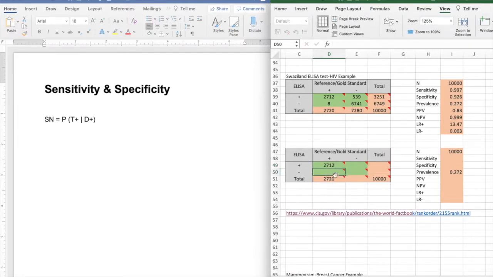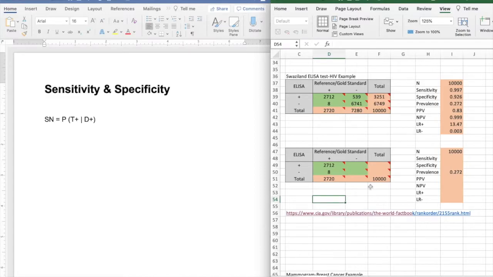And then this number here, false negatives, the ELISA test negative in the people who actually have the disease, would just be the difference. So that would be 8. So out of 2,720 people who actually have the disease, the ELISA test is going to pick up 2,712 of them.